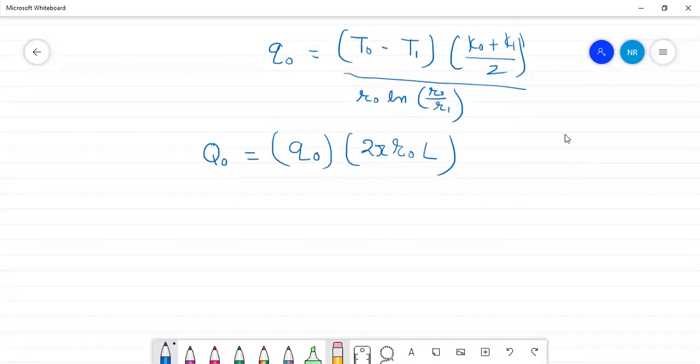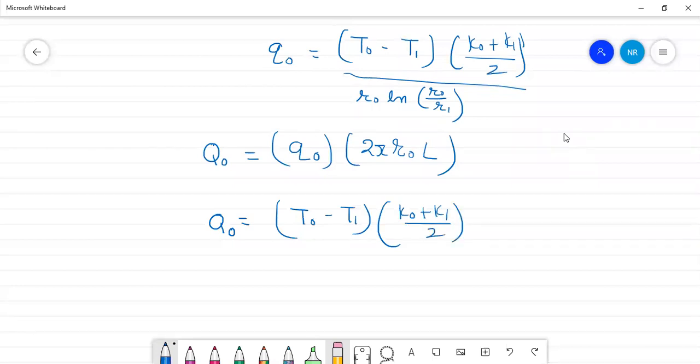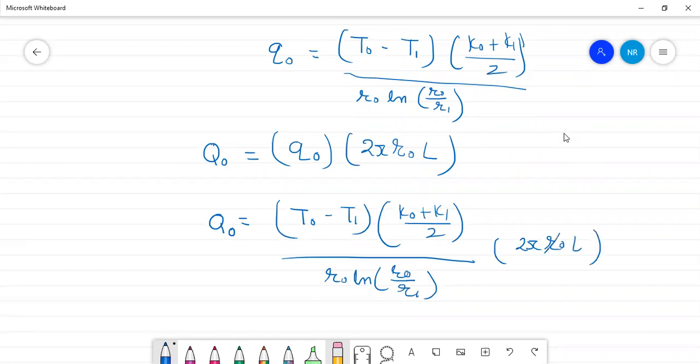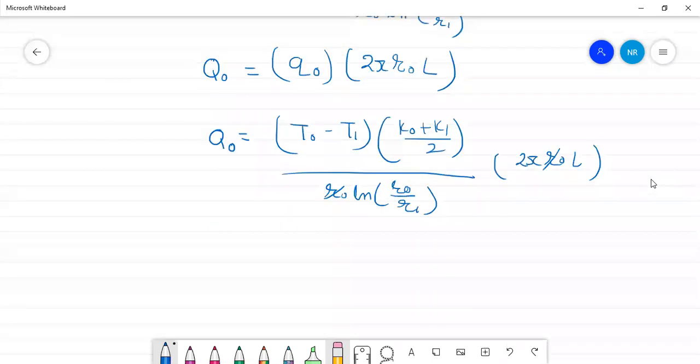Finally we get the heat flux at R equal to R0: T0 minus T1 divided by K0 plus K1 divided by 2 at R0 ln R0 divided by R1, multiplied by 2 pi R0 L. One R0 will cancel out.